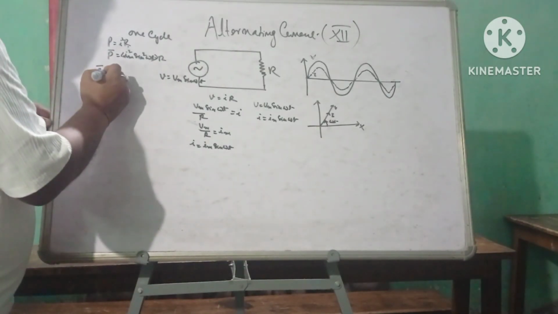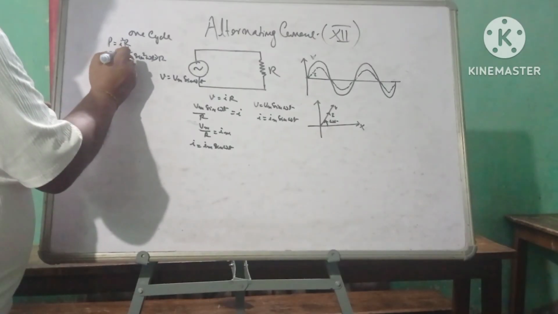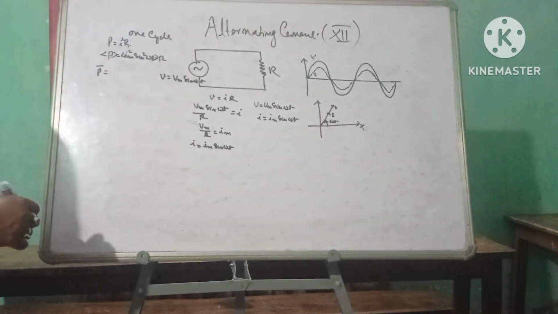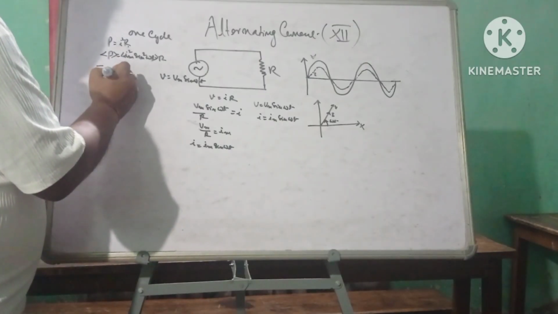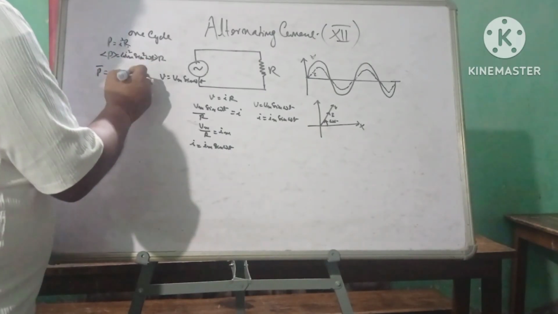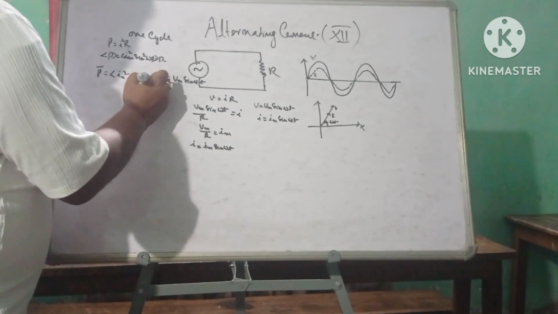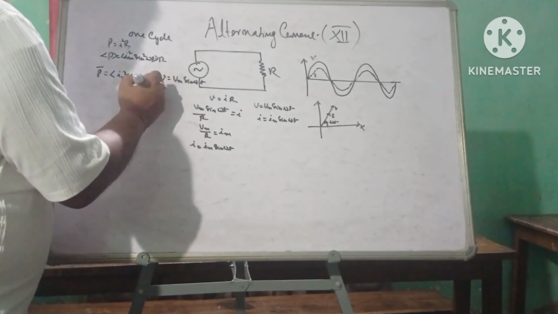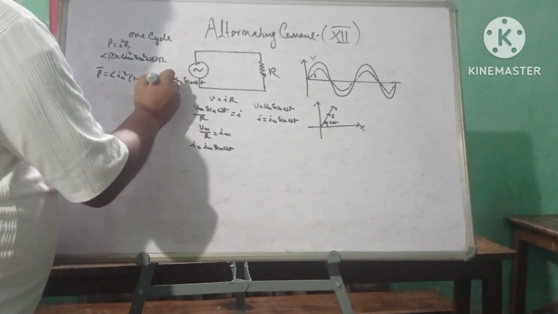You can represent this also like this. This is the average. So your average power, with a little bit of trigonometry, is Im square sine square omega t, that means 1 minus cos 2 omega t by 2, into R.